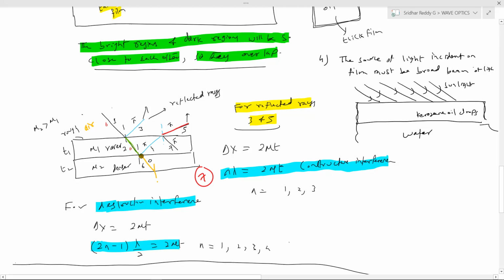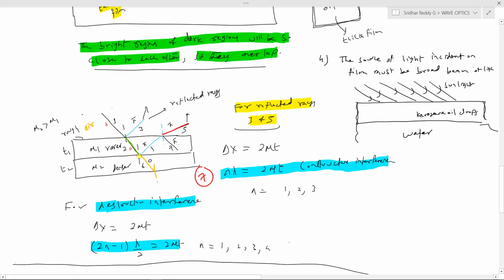Then at the second interface, what is the second interface? This one between mu1 and mu2. Here, this is a denser, this is a rarer. At the first boundary, the air was rarer and layer 1 was denser with respect to that, so the reflected ray 3 will undergo a phase change of pi radian.